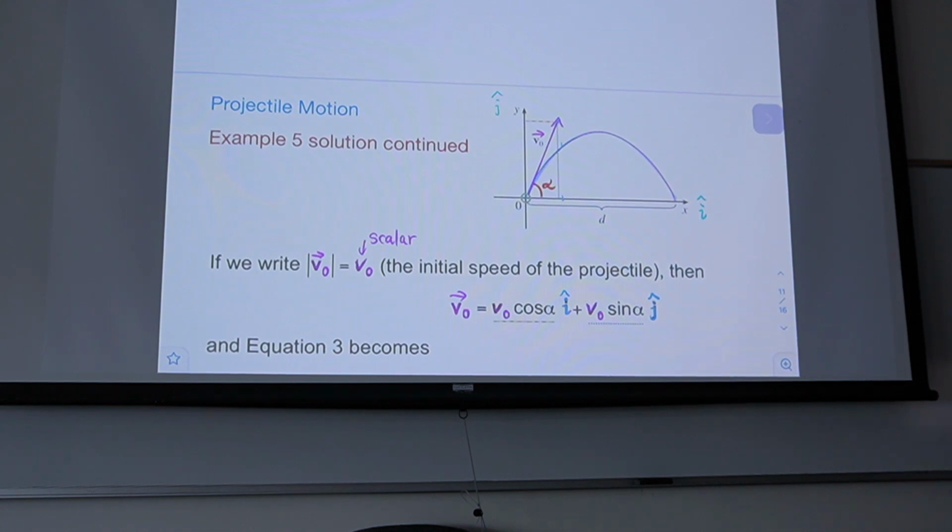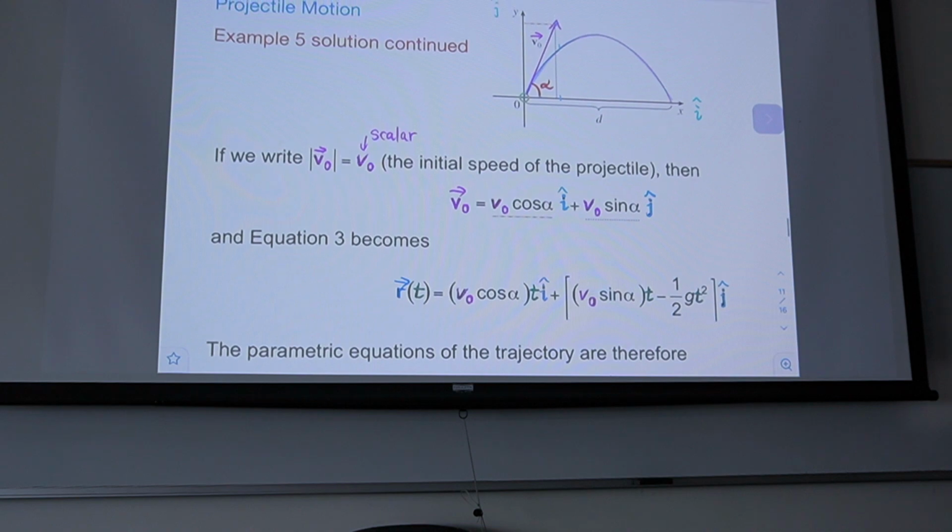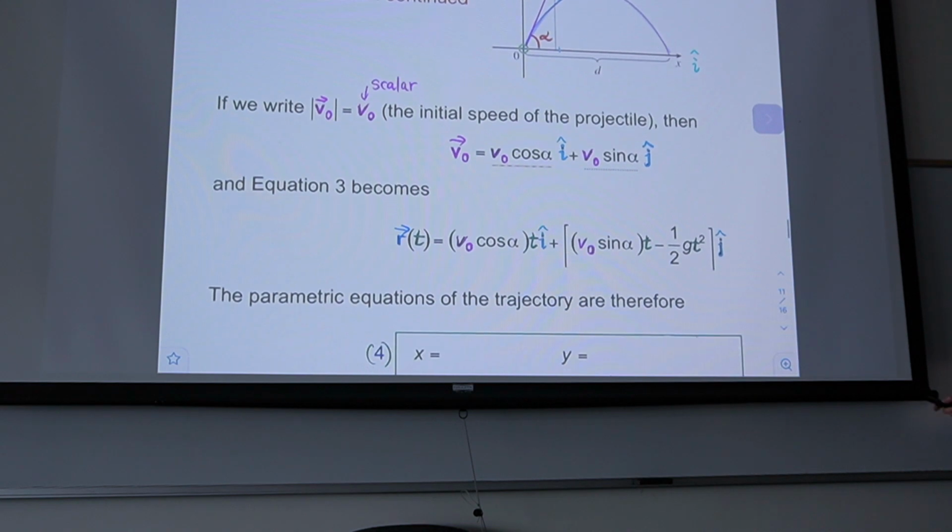So the equation 3 above becomes this vector function, with the i component function to be this, and then the j component will be this. Where does this one come from? We just substitute v naught to be that.